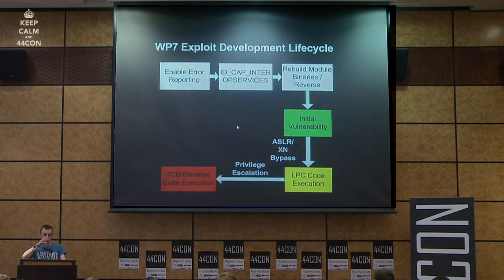There's a capability which you can give to normal third-party developer applications, C# applications, which is entirely undocumented, and it's called ID_CAP_INTEROPSERVICES. This capability seems to be used by the OEMs and mobile operators to have extra permissions and functionality on the device.